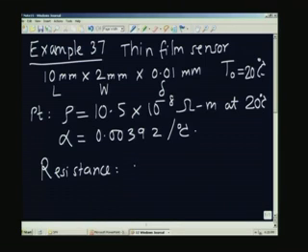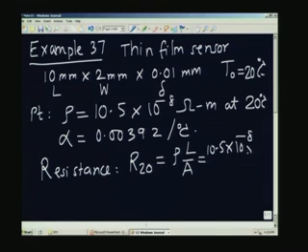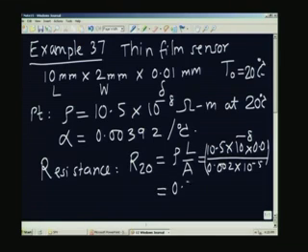I can calculate the resistance at 20 degrees, R20 is rho L by A. Rho is your 10.5 into 10 to the power of minus 8. L is 10 millimeters, so that will be 0.01 meter, divided by area of cross section, which will be 2 millimeters, 0.002, multiplied by 0.01 millimeters, so 10 to the power of minus 5. This works out to about 0.53 ohm.